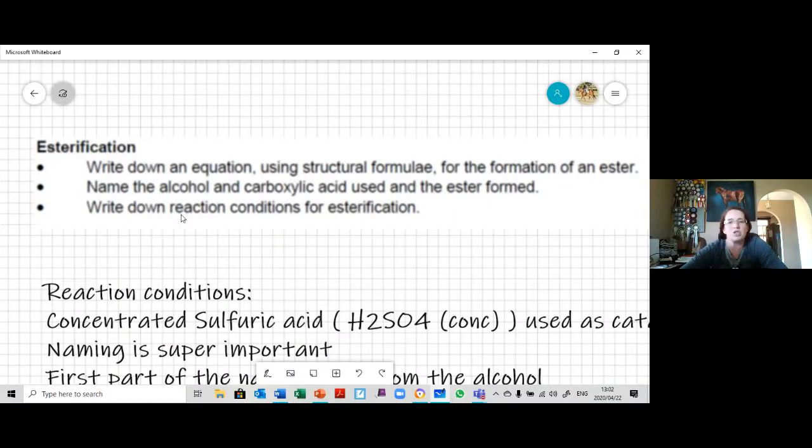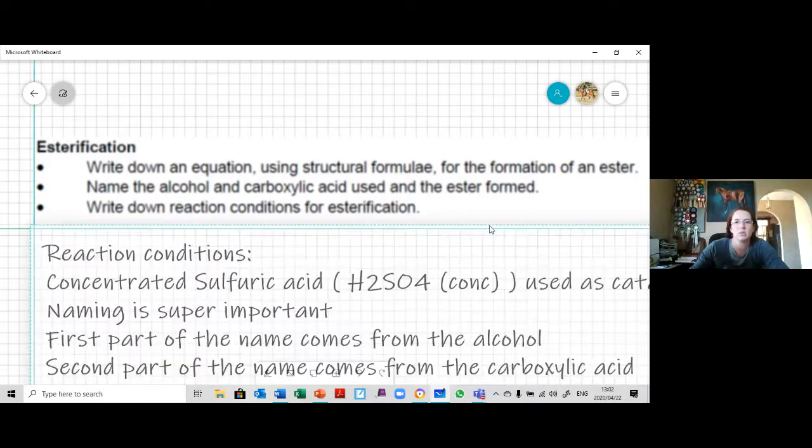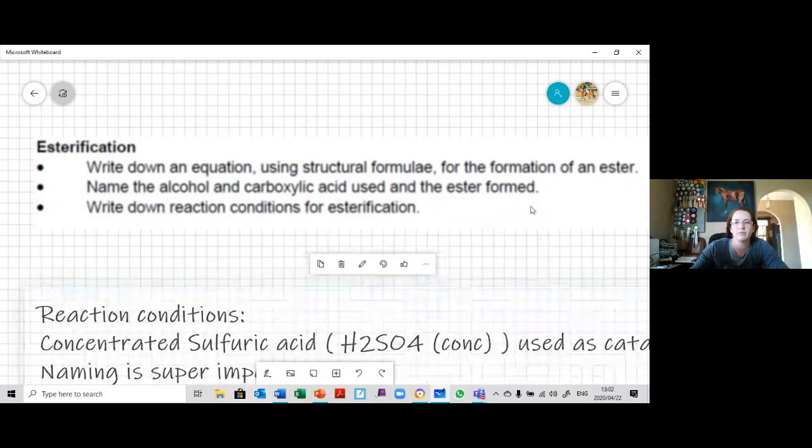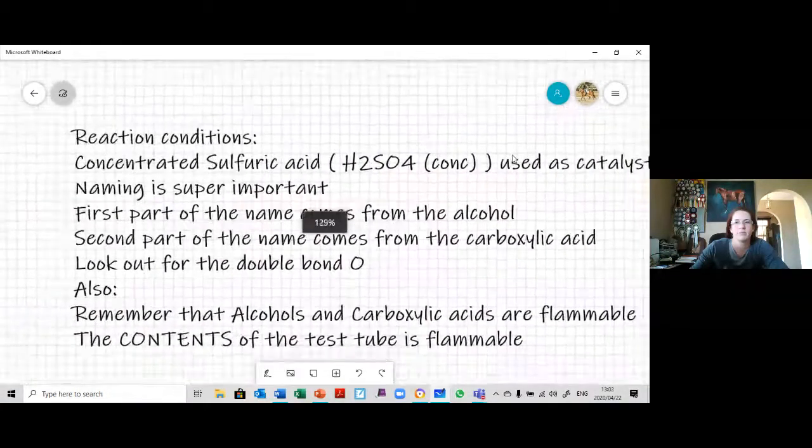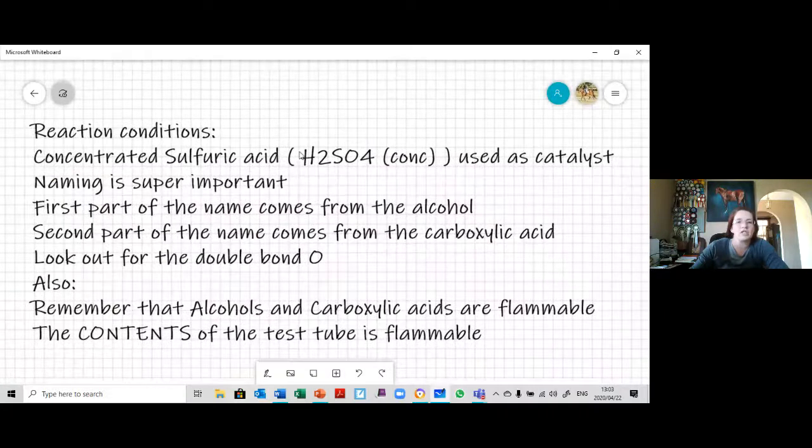You need to be able to name the alcohol and carboxylic acids, and you need to be able to write down the reaction conditions. The reaction conditions, you need concentrated sulfuric acid, H2SO4, and that is used as a catalyst.